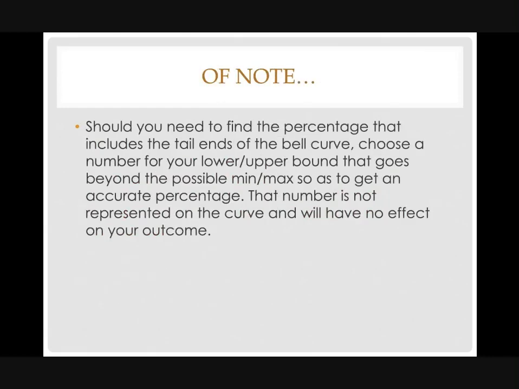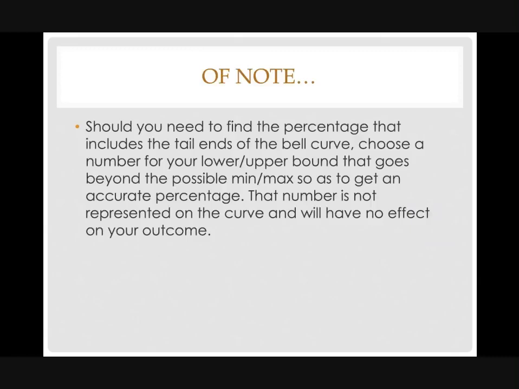Now, of note, should you need to find the percentage that includes the tail ends of the bell curve, you have to choose a number for your lower or upper bound that goes beyond all possible minimums or maximums in order to get an accurate percentage.